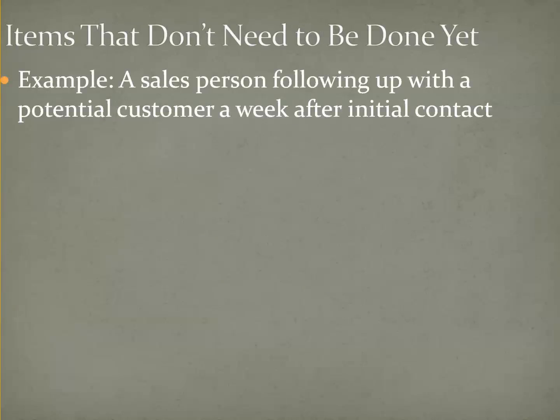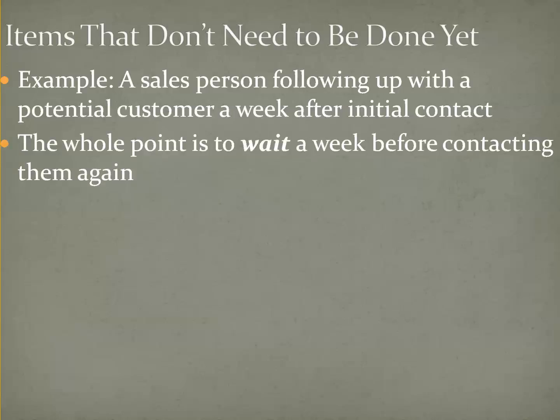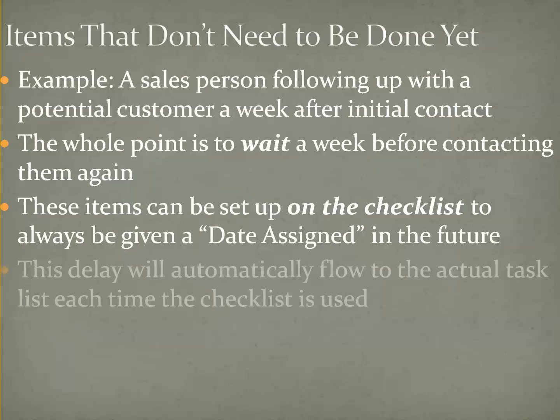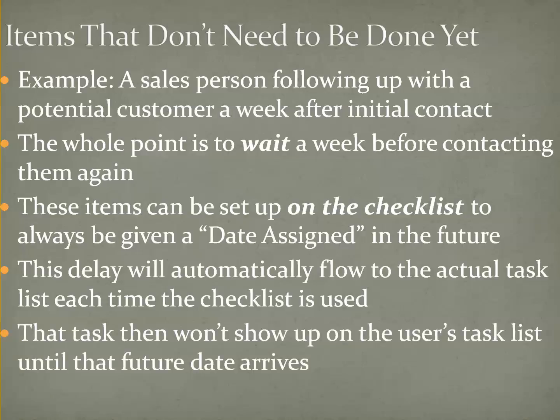So as far as items that don't need to be done yet, an example would be a salesperson following up with a potential customer, say a week after their initial contact. The whole point is to wait a week before contacting them again. So items can be set up on a checklist to always be given a date assigned that's in the future, and then that delay will flow to the actual task list from the checklist each time the checklist is used, and that task then won't show up on that user's task list until the future date arrives.